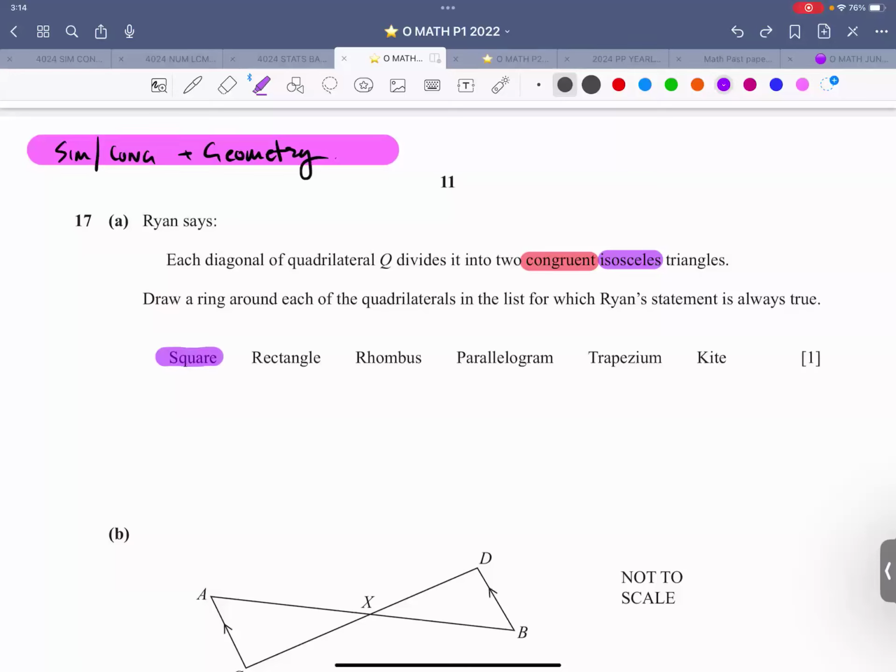That's only possible with a square. That's only possible with a rhombus. Why? Because all four sides are equal. Since all four sides are equal, that's the only way it will be an isosceles triangle. Congruency naturally will be there, as well as the isosceles triangle.